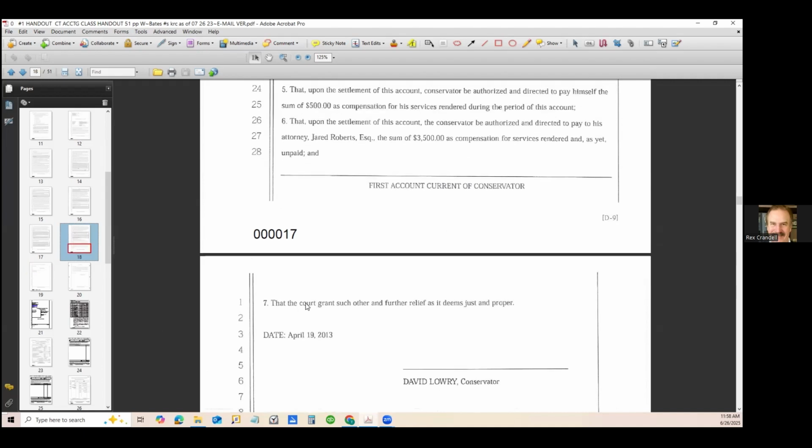Like for instance, on a conservatorship, you file the first year after appointment, and then it's 2 years after the fact.